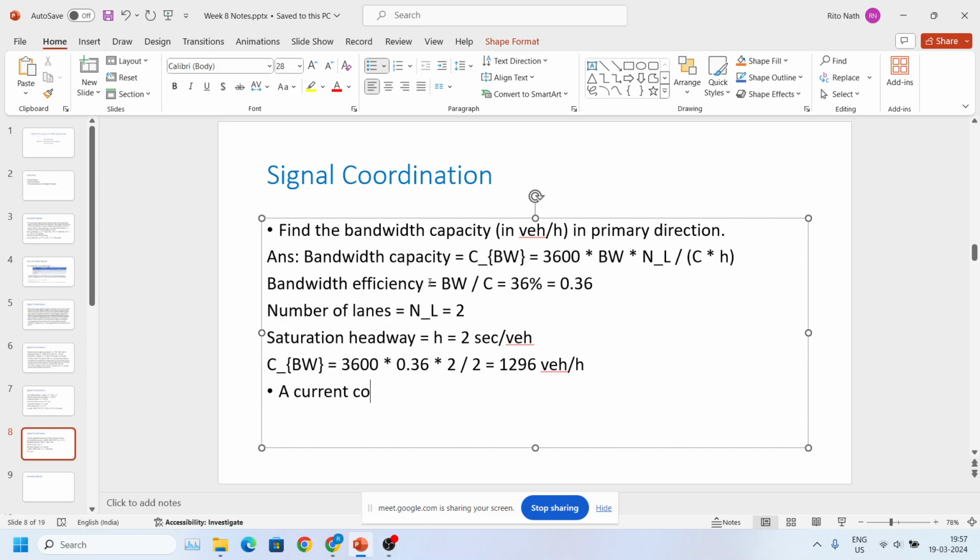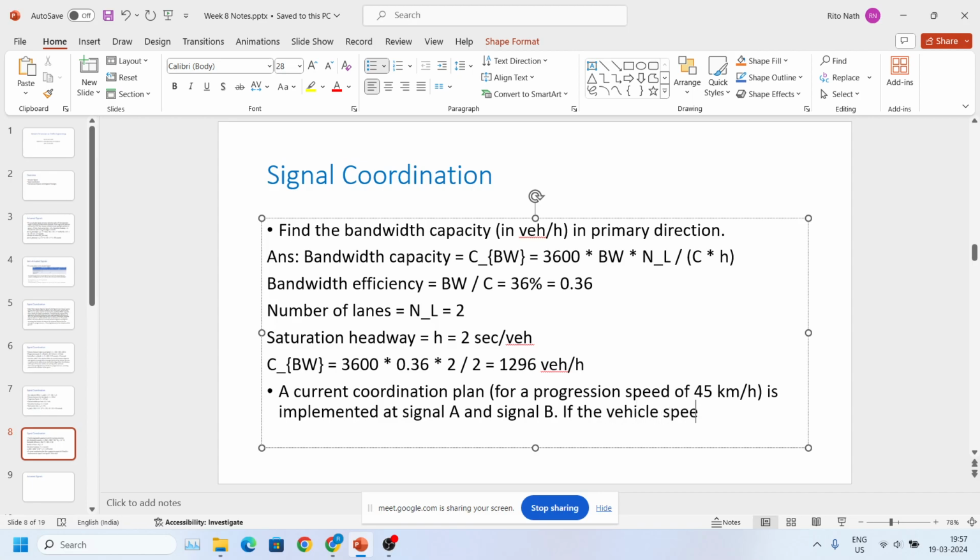So a current coordination plan for a progression speed is given, is implemented at signal A and signal B. So if the vehicle speed reduces to say 40 per h, then what is the available bandwidth or the reduced bandwidth in seconds?